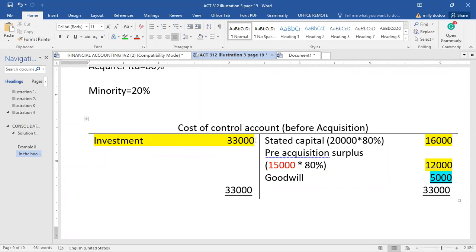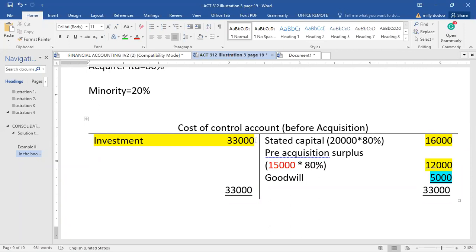To know the value of the firm, we add the stated capital and surplus, which gives you 27,000. So the value of Swallowed's firm share is 27,000, and Acquirer is paying 33,000.